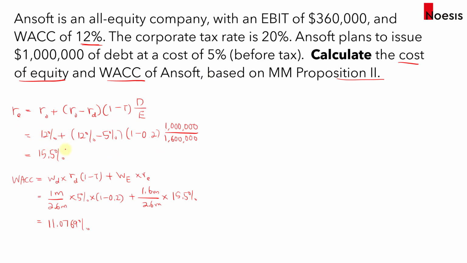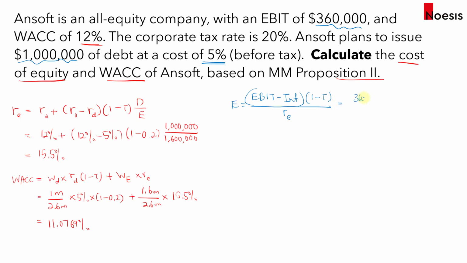Just to make sure we are on the right track, let's use the cost of equity of 15.5% to recalculate. Based on the formula we saw earlier, the equity is your EBIT minus interest, after tax, divided by the cost of equity. EBIT is 360,000, and interest is the debt of 1 million times 5%, which is 50,000.